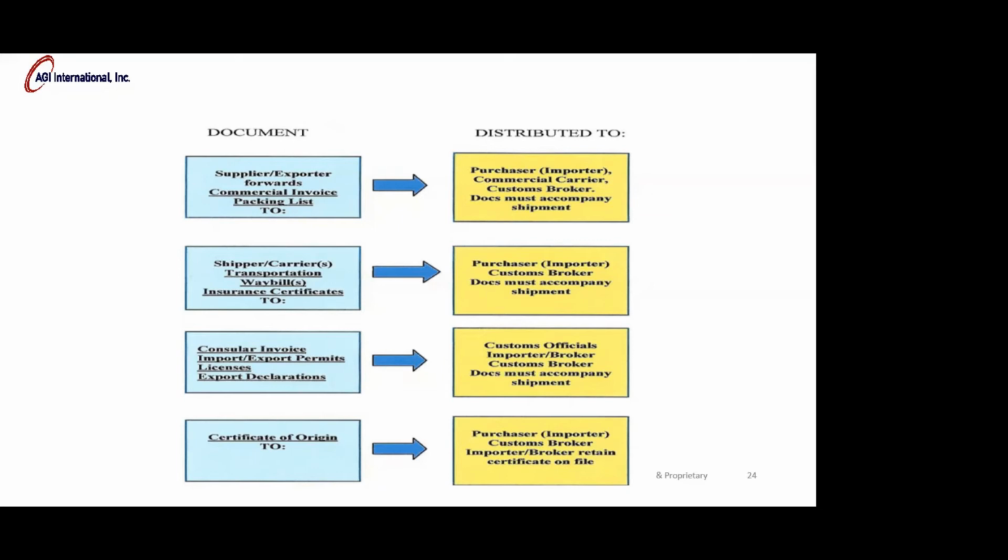Docs must accompany the shipment. The next piece is shippers and carriers, transportation, waybill, insurance certifications. They go to the purchaser, importer, customer, broker, and must accompany the shipment. So these are the documents that we talked about, and they must be with the shipment as things move.